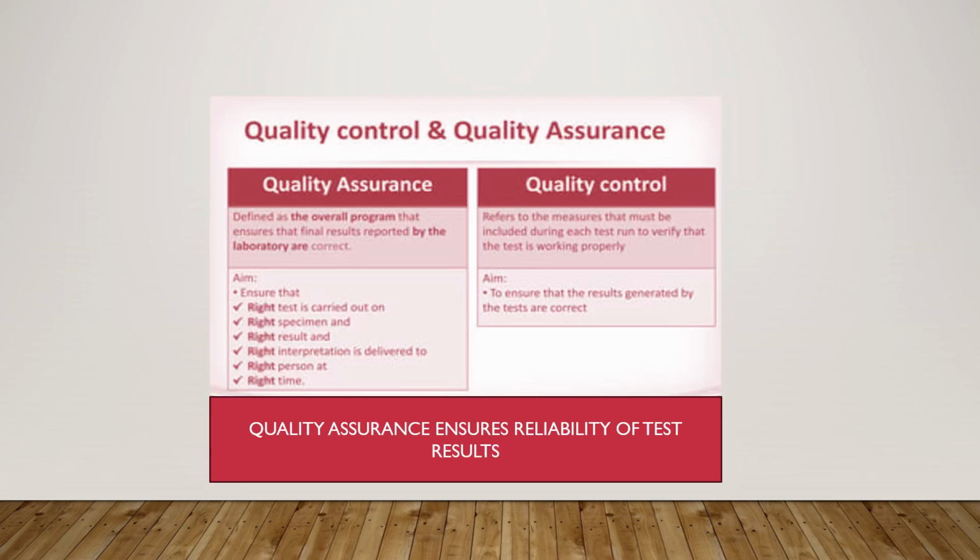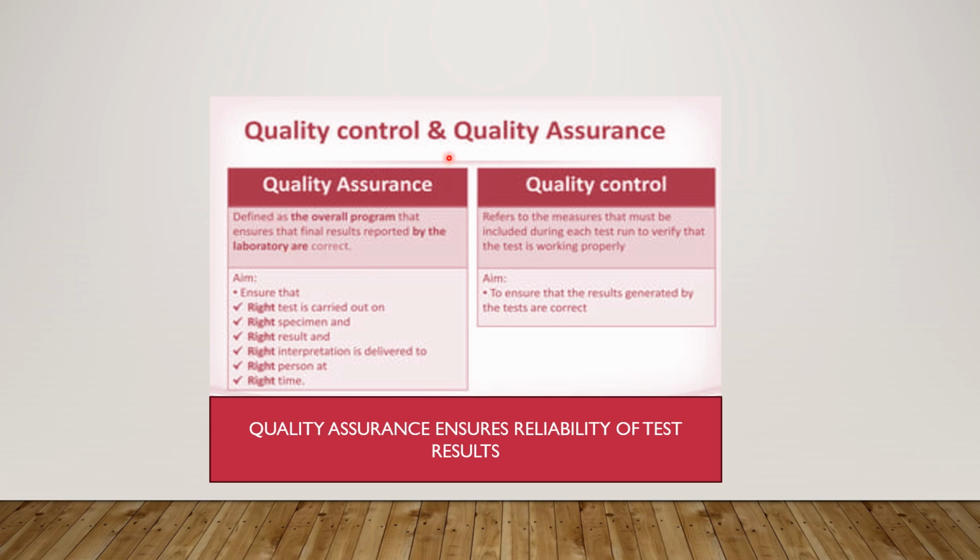So let's talk about quality assurance and quality control. Quality assurance is defined as an overall program that ensures that final results reported by the laboratory are correct. Quality control is just a component of quality assurance, which is the huge complete program, right from sample collection to the generation of reports.